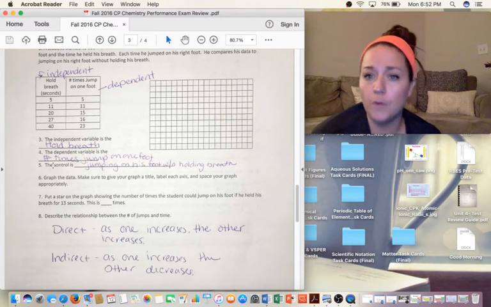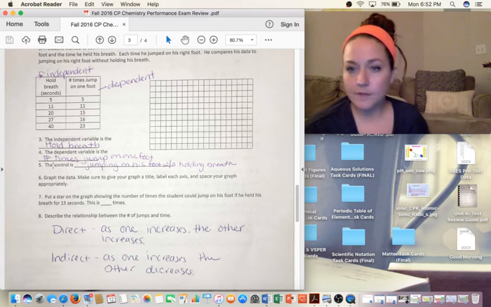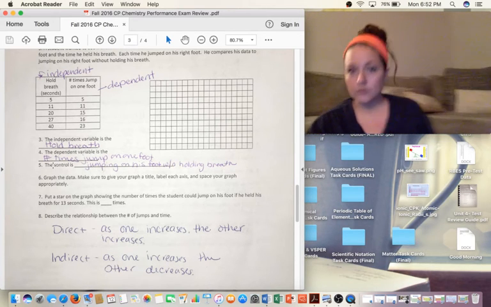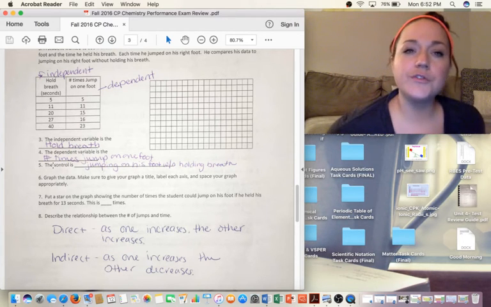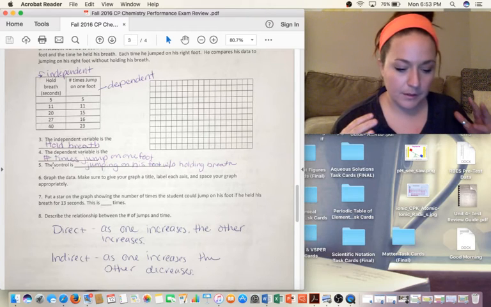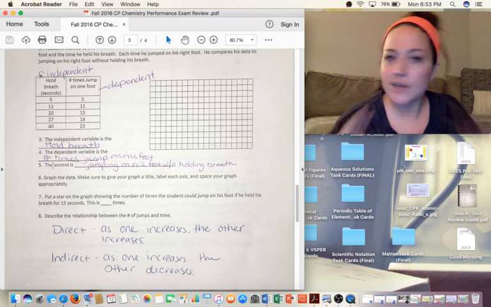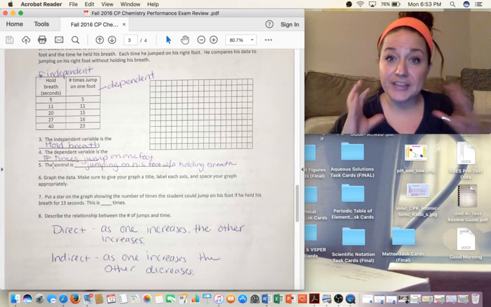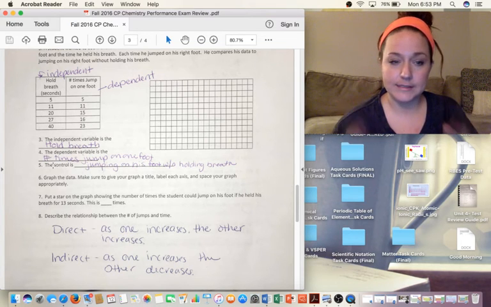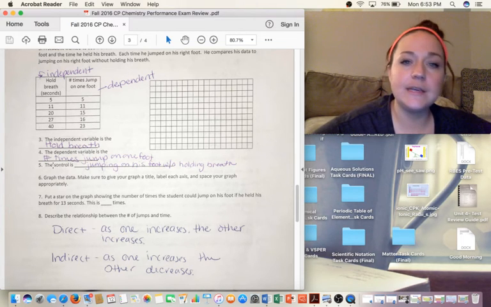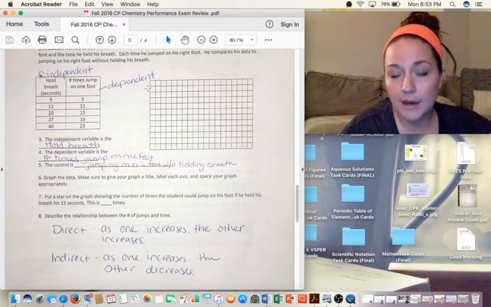So the control. Please remember that your control is going to be the thing you measure your data to, the thing you hold constant. So in this case, in the paragraph, it says he compares.